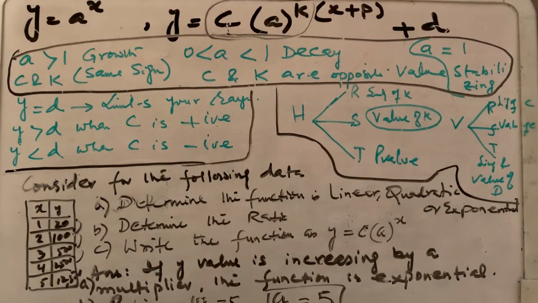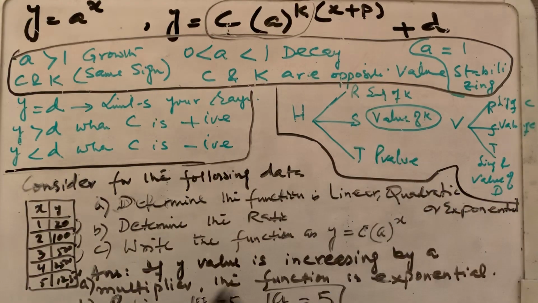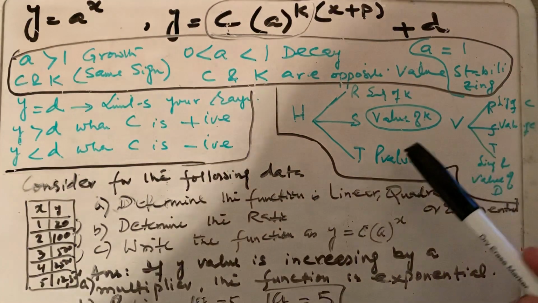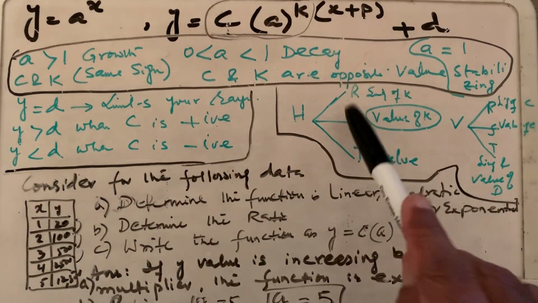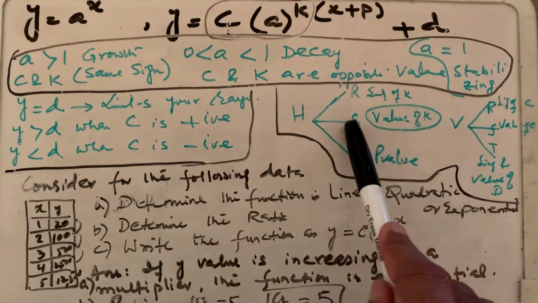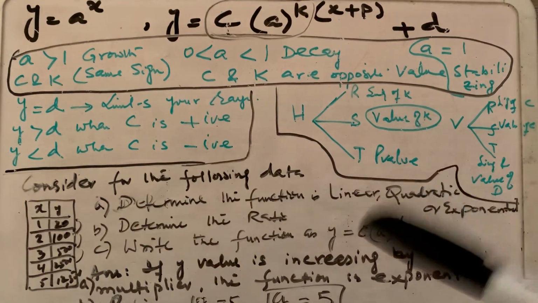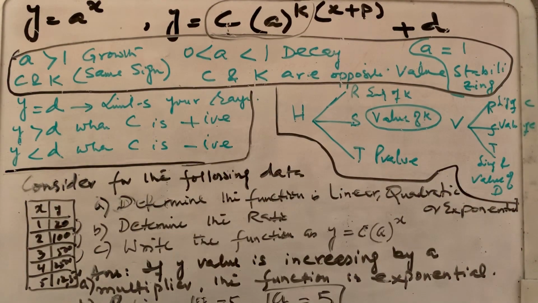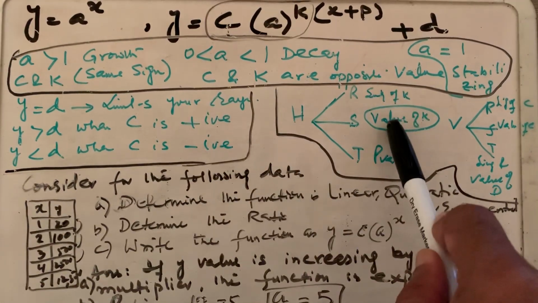And then the value of k gives a stretch. We take the value of k and then reciprocate it, so the stretch is always 1 over k. We have to keep in mind that the stretch is not by the value of k itself; we have to take the reciprocal. So the horizontal stretch is the reciprocal of the value of k.